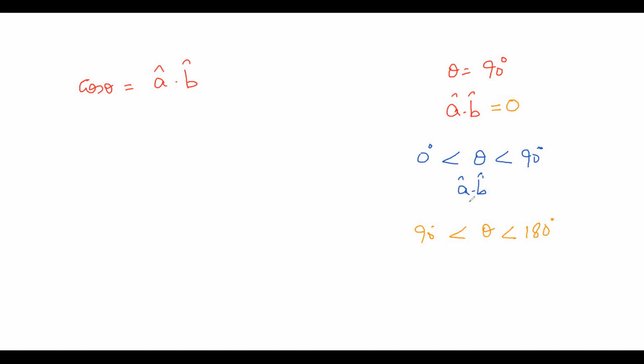When they have an acute angle between them, the dot product will be positive. And when you have an obtuse angle between them, the dot product will be negative.